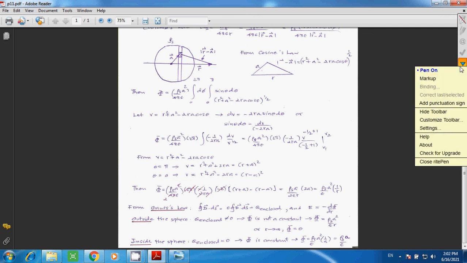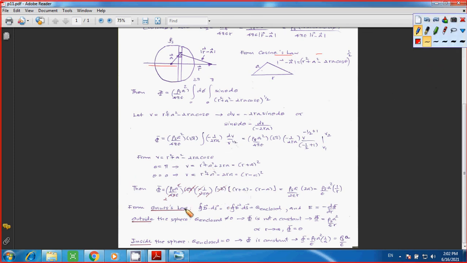So consider the situation here. From Gauss' law, you know that the closed surface integral of D dot dS, where D is the electric flux density and dS is the small area, or D equal to epsilon E, equals Q enclosed, the total charge in Coulombs inside the closed surface.